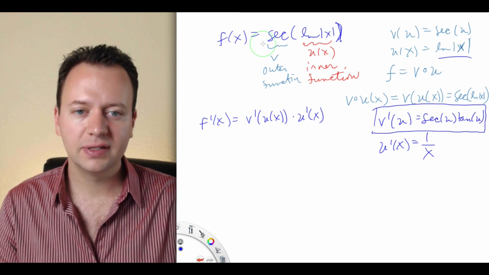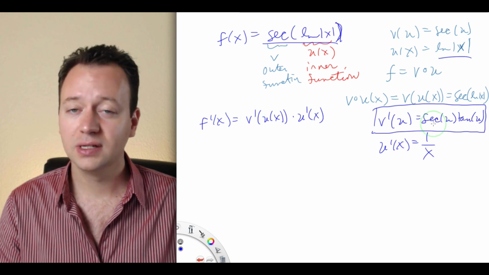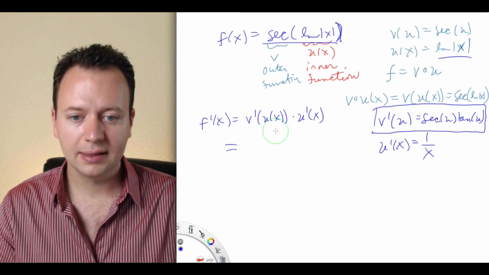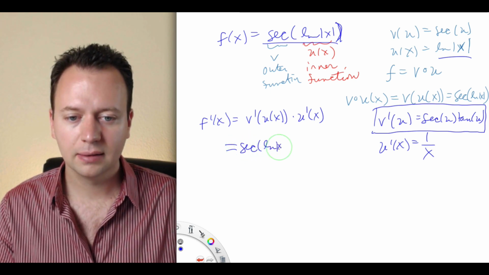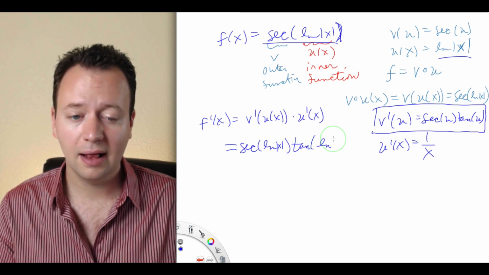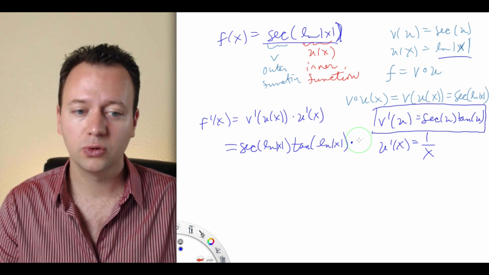So the derivative of secant of ln of x is equal to v prime, which is secant u tan u, but evaluated at u of x. So that's going to be secant of ln of x, tangent evaluated at ln of x, and then times u prime of x, which was 1 over x.